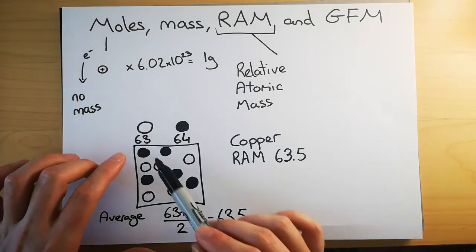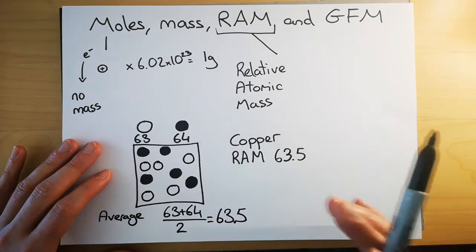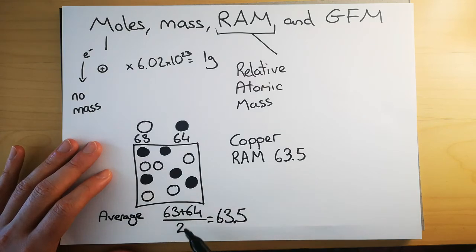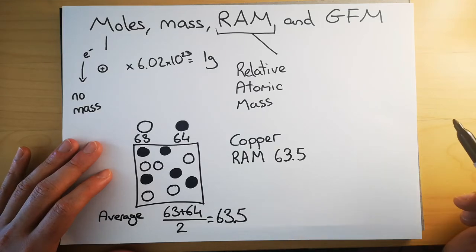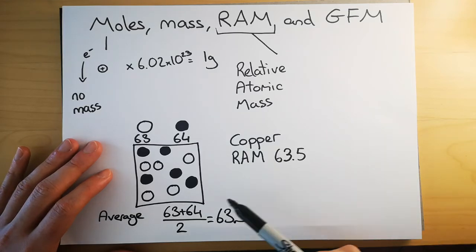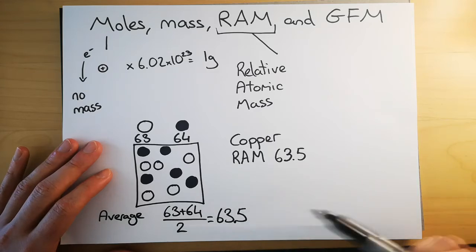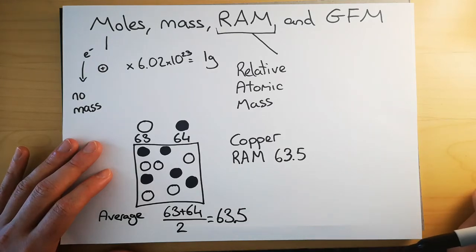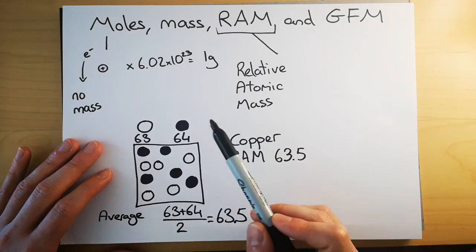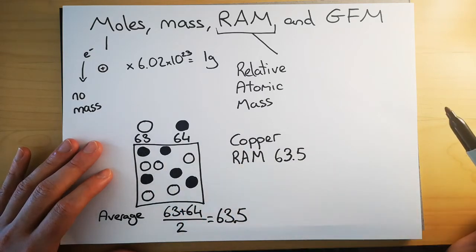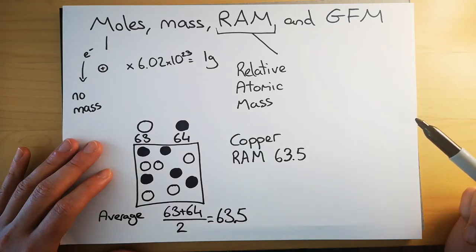Now, because they're in equal ratios, I could add the two together and then divide by 2 to get the average mass of that copper. And what we're seeing there is the average atomic mass of any given copper atom. So if you were to randomly select an atom, every second one would be 64 and every other one would be 63. So this gives you the average in terms of the atoms that you're going to find.